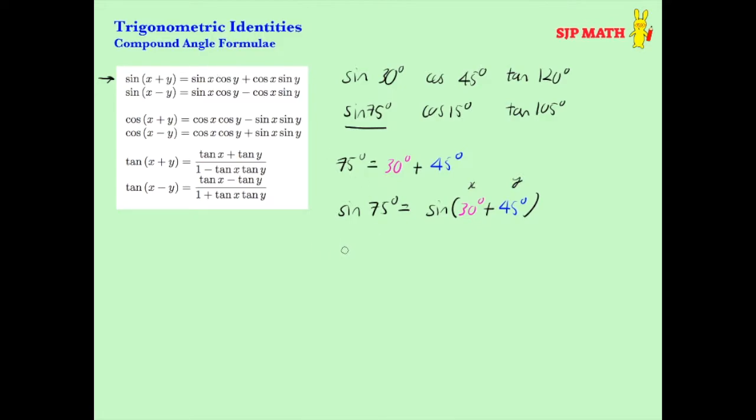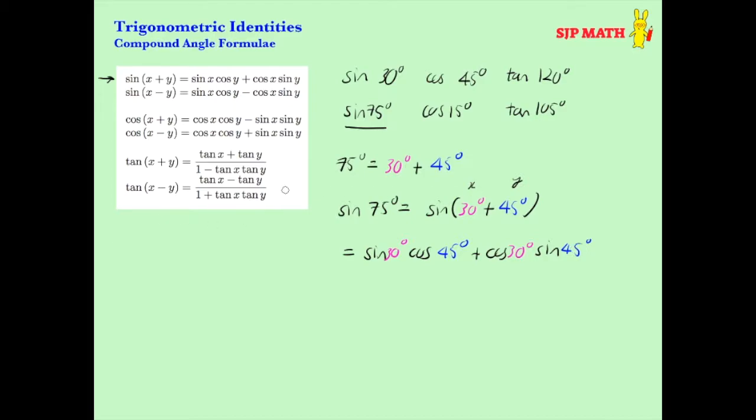So this is equal to the sine of x, which is the sine of 30 degrees, times the cosine of y, which is the cosine of 45, plus the cosine of x, which is the cosine of 30 degrees, times the sine of y, which is the sine of 45.